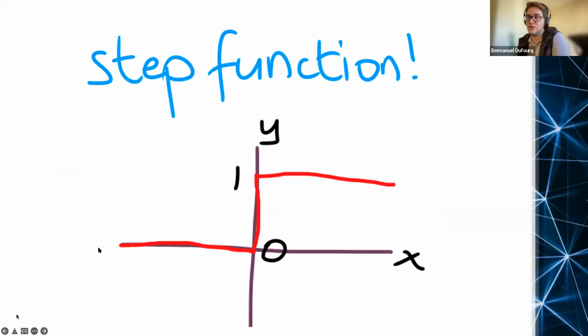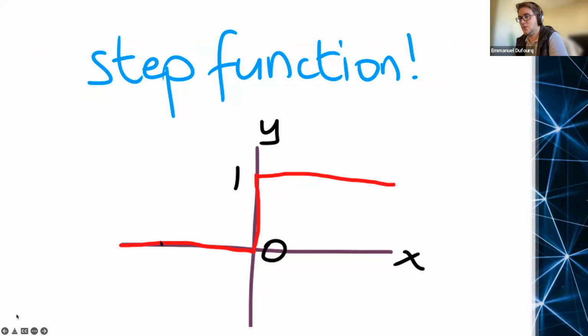And the activation function we've been using so far is the step activation function. If the input is less than or equal to 0, then the output is 0. And if the input is greater than 0, then the output is 1. So that is a step function, because we were asking ourselves, was wx plus b greater or equal to 0?